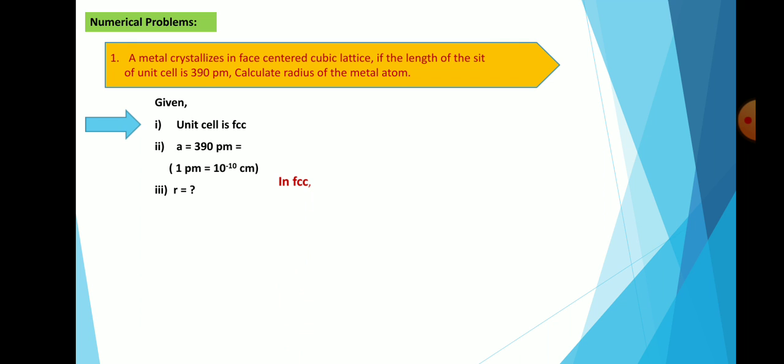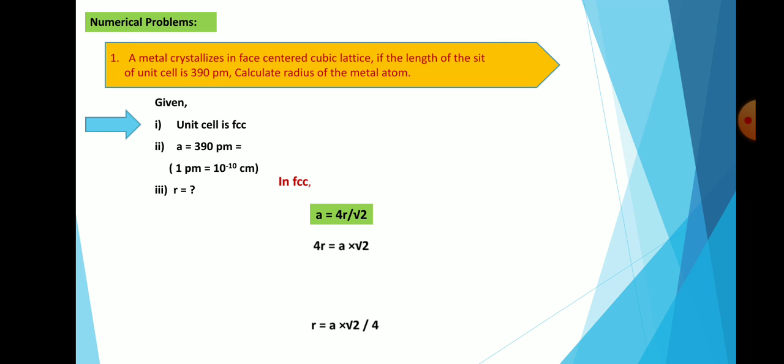Now number 2, the relationship between a and r in FCC is like this: a is equal to 4r divided by under root 2. We want to calculate the radius, so 4r is equal to a into under root 2.